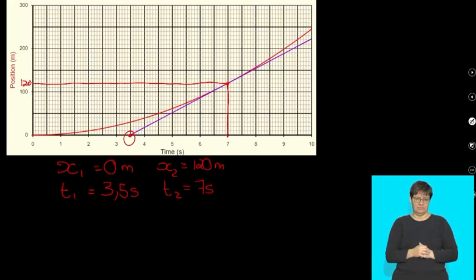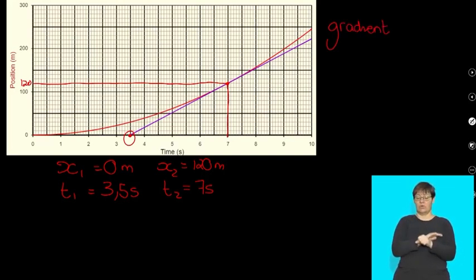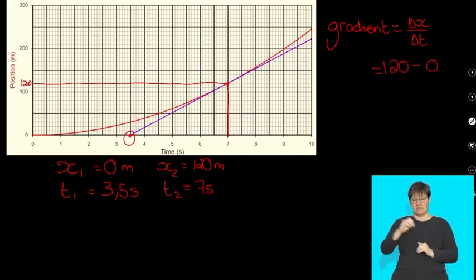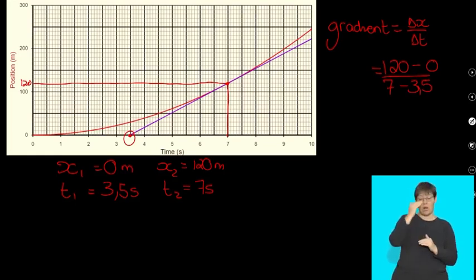Okay, well, we've got enough information. We're still going to find the gradient, which is my change in x over my change in time. So we're going to go 120 minus 0 over 7 minus 3.5. Now, I know that some of you probably don't need to show all the working on the calculator like I do.